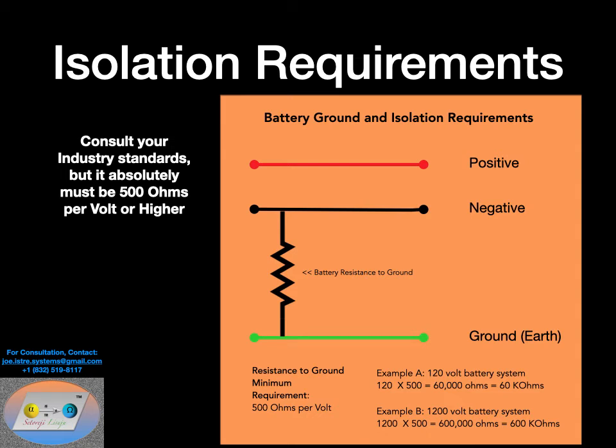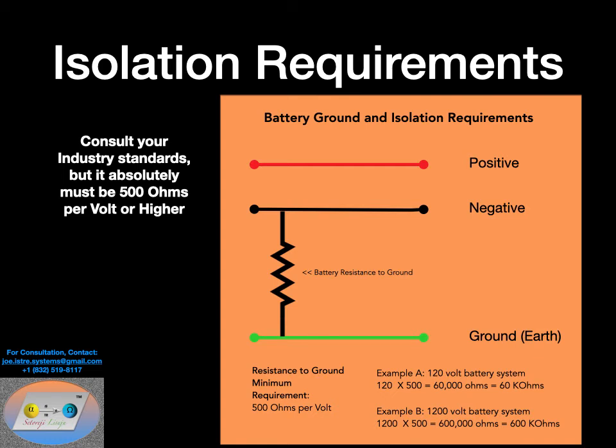So let's look at the non-ideal case, which you will find in the real world. So what are the requirements that the positive and negative terminals of energy storage systems, whether in an electric vehicle or connected to a utility or a UPS, what are the requirements for isolation from ground of the terminals? Okay, so I just put a resistor in between the negative terminal and ground to illustrate. We have some resistance to ground.